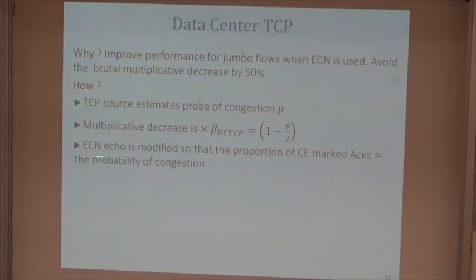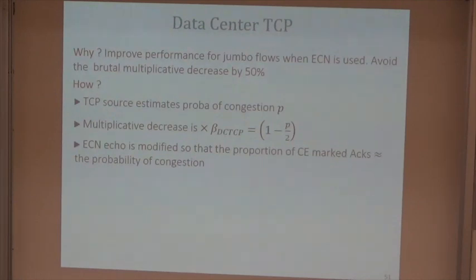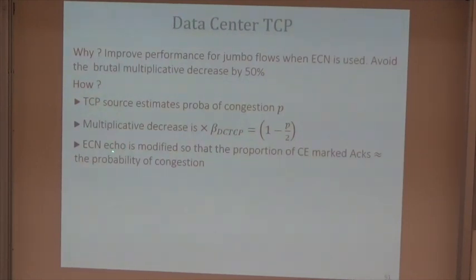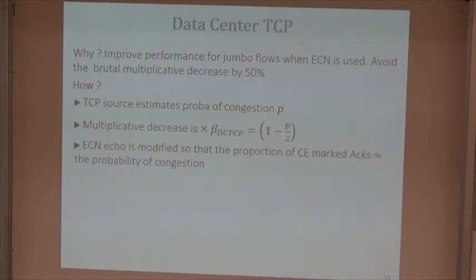This also requires a modification of how ECN marks are echoed. In standard ECN, you expect to have one reduction of the window per round trip time, so that when you perceive a marked packet at a destination, you mark the echo until you have an acknowledgement that the window has been reduced.